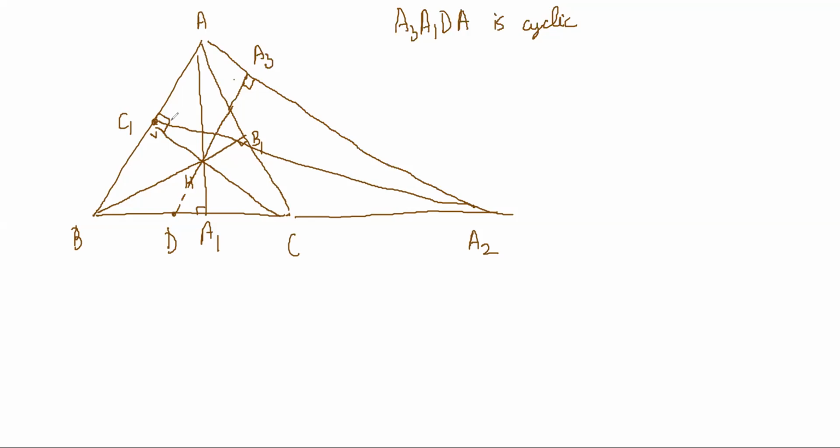So A, C1, B1, and A3. Yeah. Can we get A, C1, B1, A3 somehow cyclic? I want this to be cyclic. So are we getting some common chord angles or something?